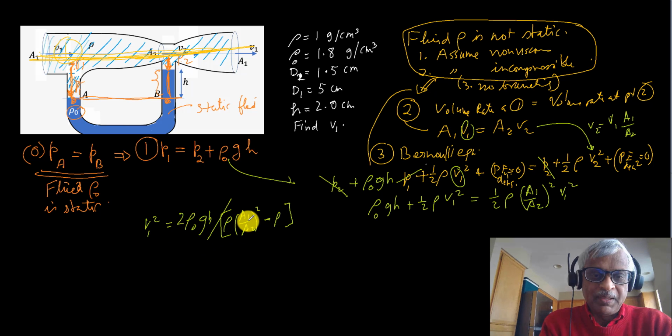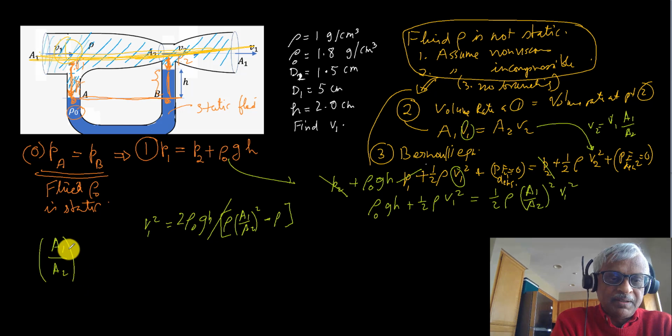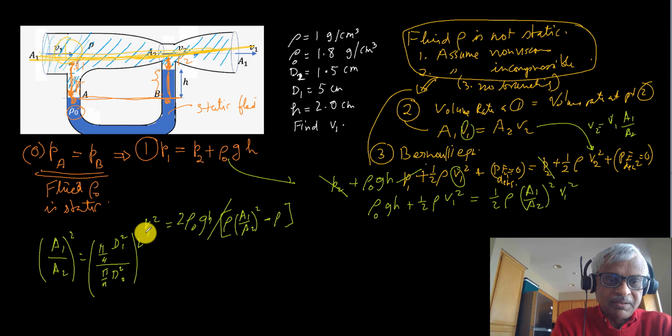Now we have all the quantities, and this is easy to calculate, so let's calculate each of them outside. A1 over A2 square will just simply be pi d1 square over 4 divided by pi over 4 d2 square, so it's actually d1 over d2 to the power 4.